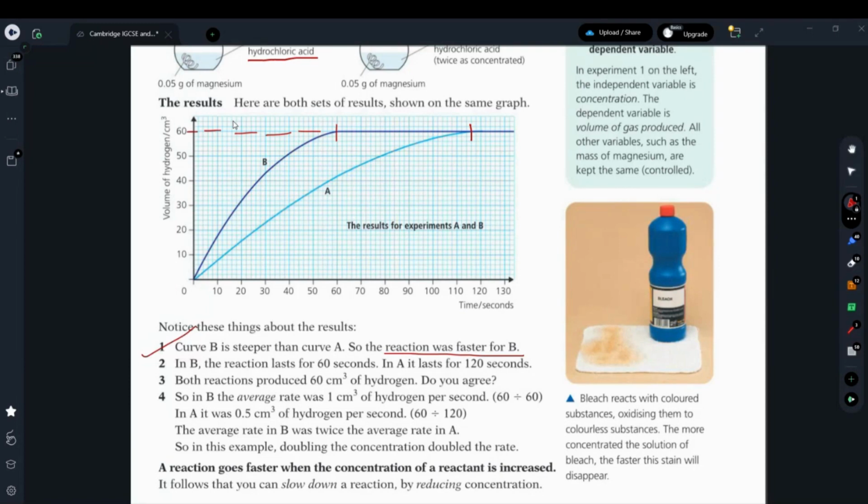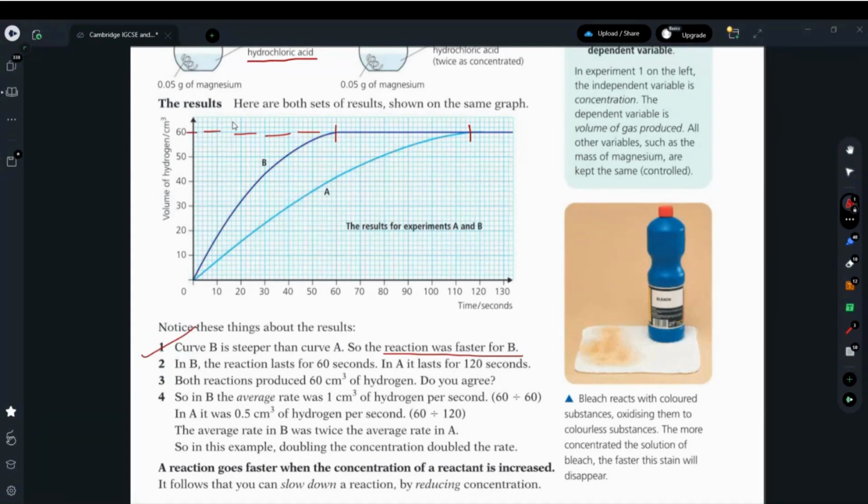Think of it like the case of a run. If you're doing a marathon or a sprint, the path is the same and the people who are running are the same. But some people run at a faster pace, some at a mediocre pace, and some at a very slow pace. Everyone reaches the same track end, but they reach it at different intervals of time.